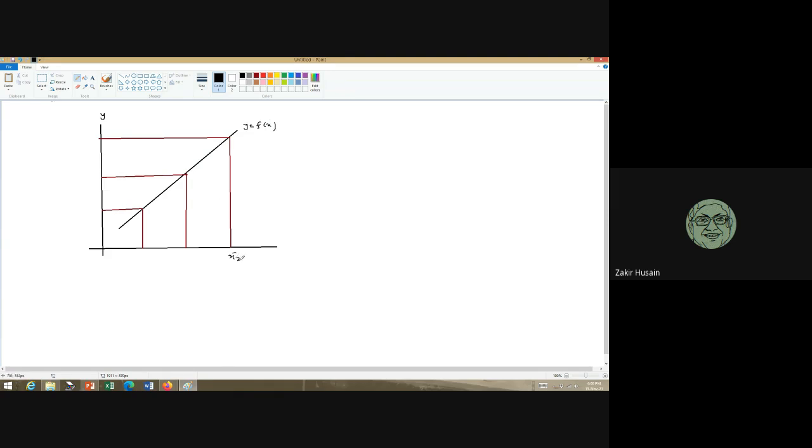So this is x1, this is x2, this is y1, this is y2 and this is f of x bar. Okay, so everything is the same as before. We have got A, this is C and this is B. Now how do we get the point D? Remember D is the linear combination of y1 and y2.